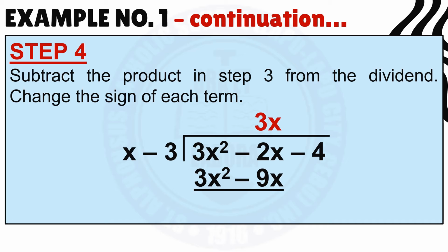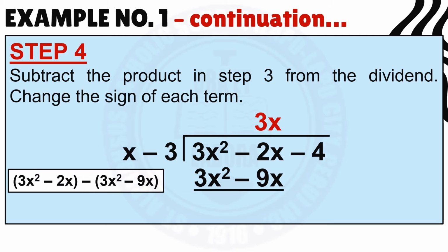Then, step 4. Subtract the product in step 3 from the dividend and also change the sign of each term. So we have here 3x squared minus 2x, taken from this part here, minus the quantity 3x squared minus 9x.